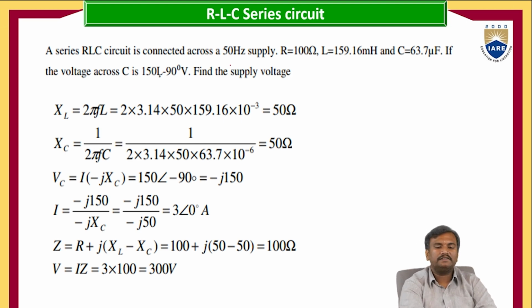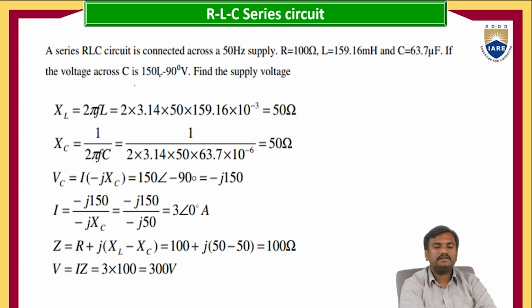Based on that, we have to calculate the supply voltage. So in a series RLC circuit, which is connected across a 50 Hz supply, the resistance is 100 ohms, inductance is 159.16 millihenry, and capacitance is 63.7 microfarad.